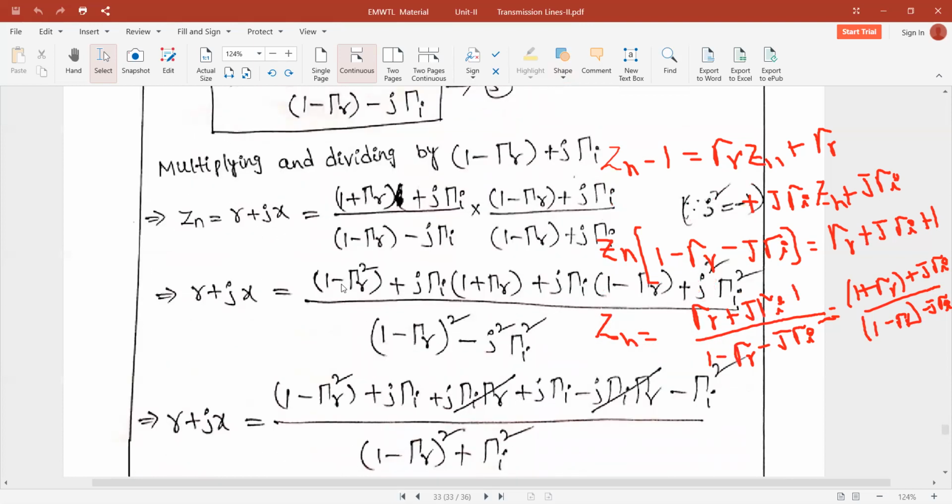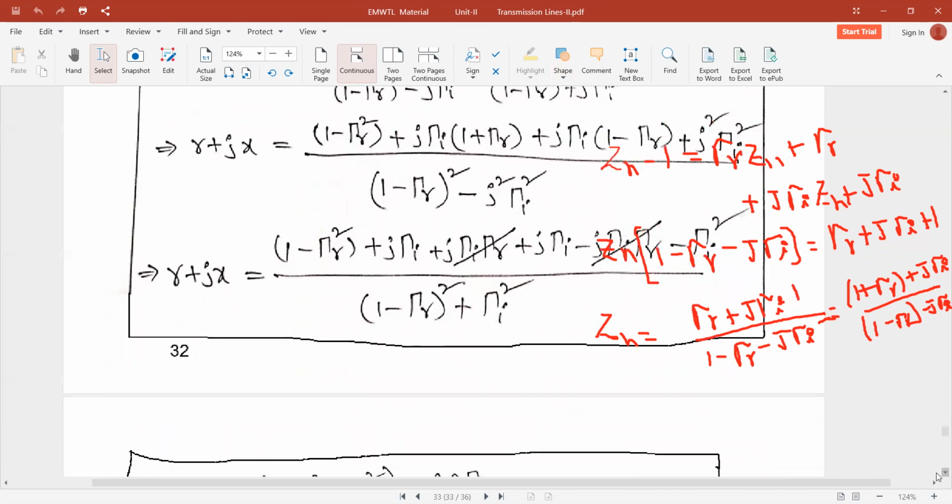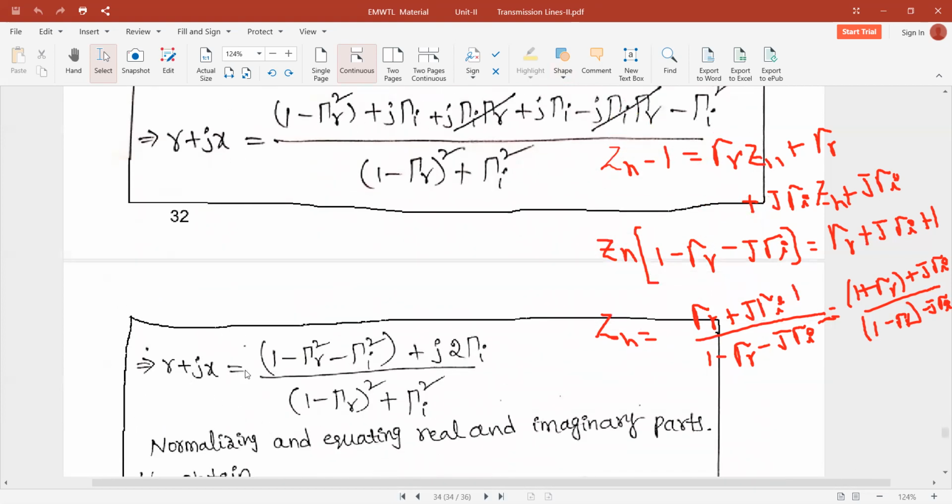And in the numerator, you can multiply all the terms. You get r plus jX is equal to, after simplifying, 1 minus gamma r square minus gamma I square, and the imaginary part j gamma I and j gamma I, so 2j gamma I, and the denominator 1 minus gamma r whole square plus gamma I square.